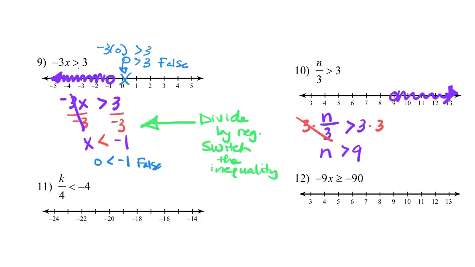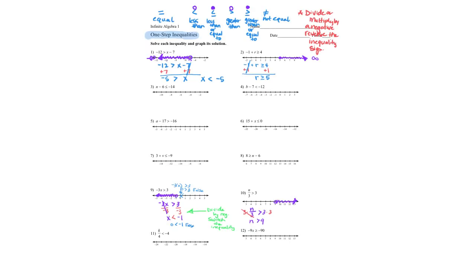And so we'd put an arrow here, so everything right up to positive 9 and to the right would satisfy this inequality, so they're all part of our solution set. So you are going to simplify your inequality and graph the solution set for the rest of these problems.